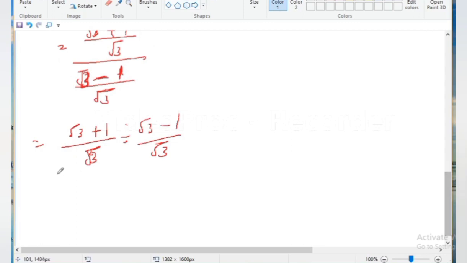What happens is here you have root 3. So this can cancel this.